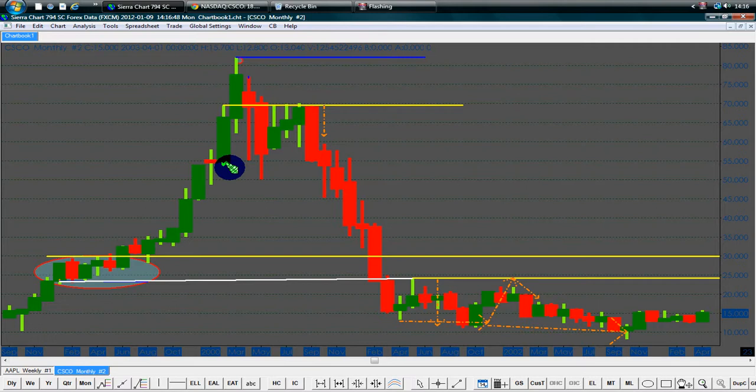A bearish force is activated when the price breaks below a support level and then retests that support level and turns around. Very important. We want the price to break below a support level, retest the support level and start turning around. At that point in time, a bearish force is activated.